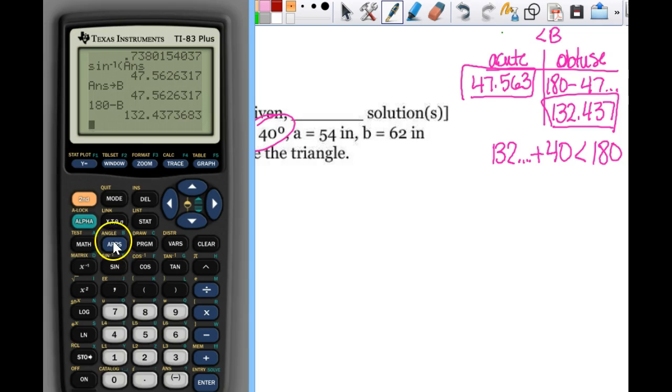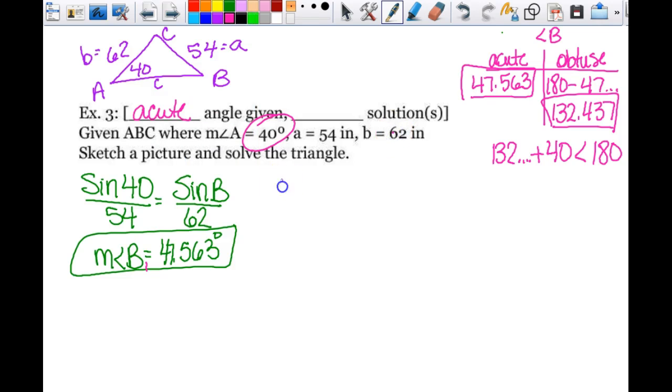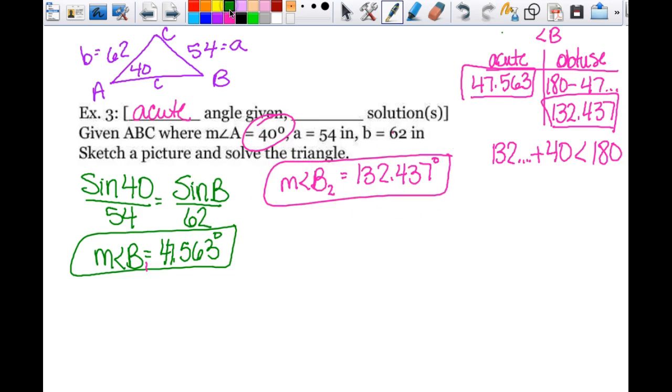So I'm going to store that in alpha E, and I just knew that it was right underneath it. I didn't care about the letter. So then it's one of my answers. Measure of angle B2 is 132.437 degrees.